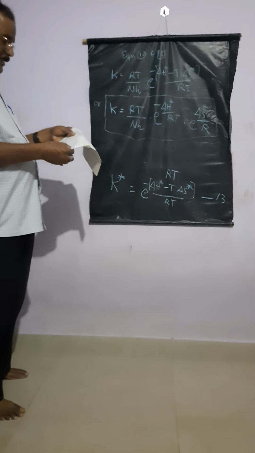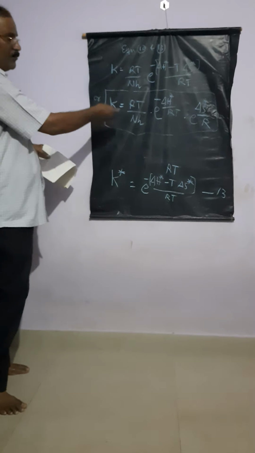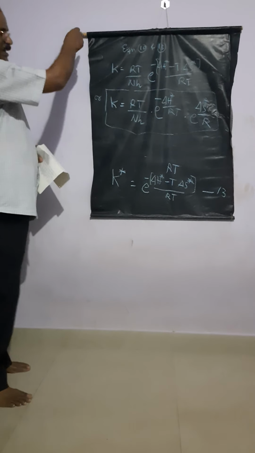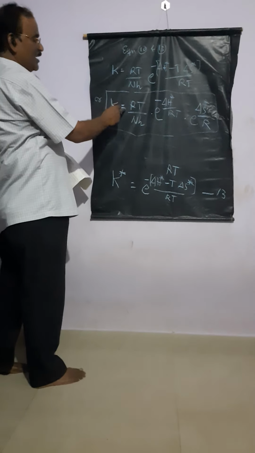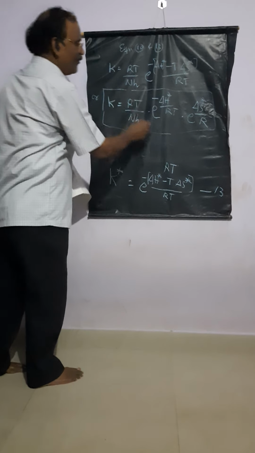And this equation has no restricted term, as I already told you, that K is given by K star into RT divided by Nh. Instead of K star, we have this expression.